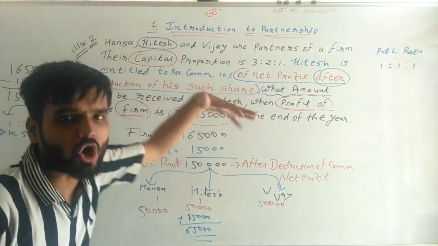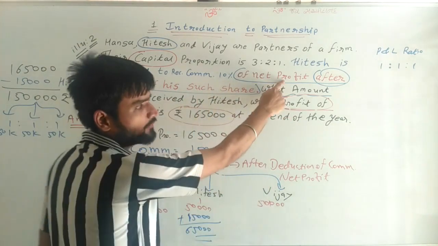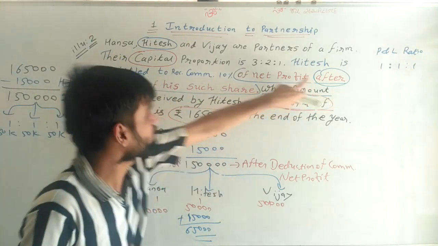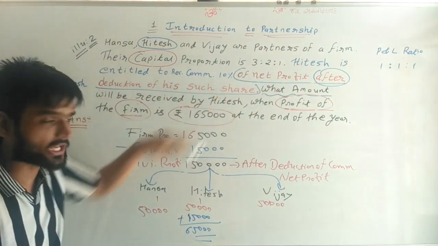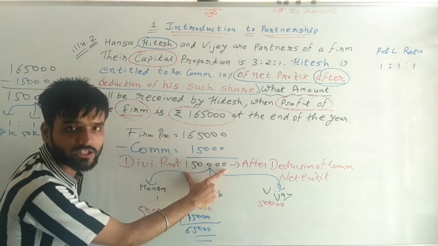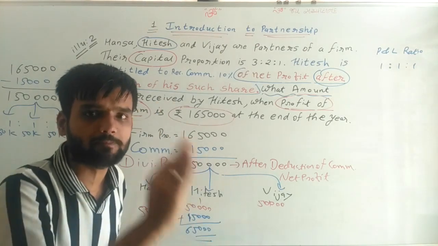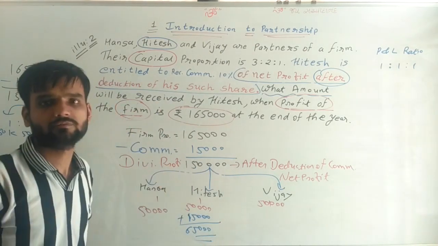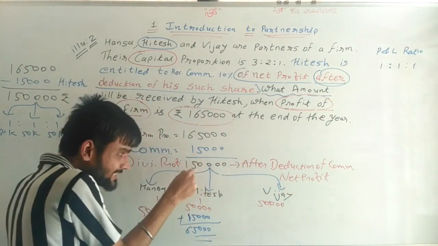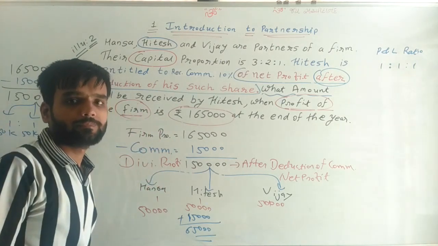Here, commission of 10% on what? On net profit. Which net profit? After deduction of such commission. Means after deduction of commission, whatever net profit is there, of that profit we need to find 10% commission. This is the profit after deduction of such commission.